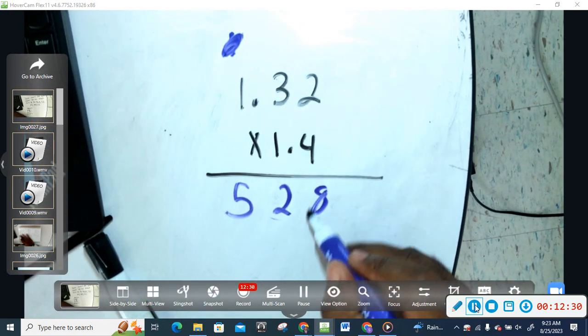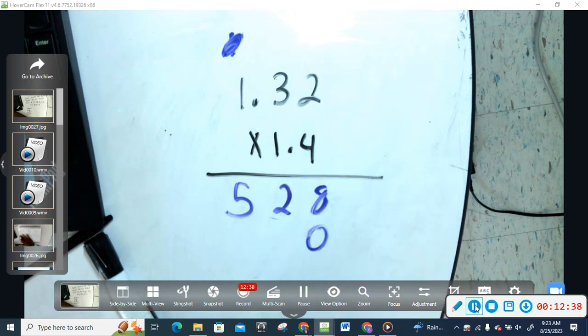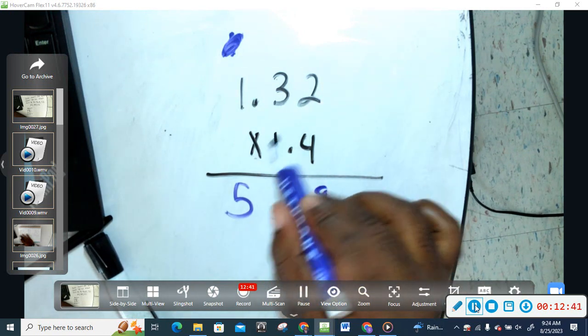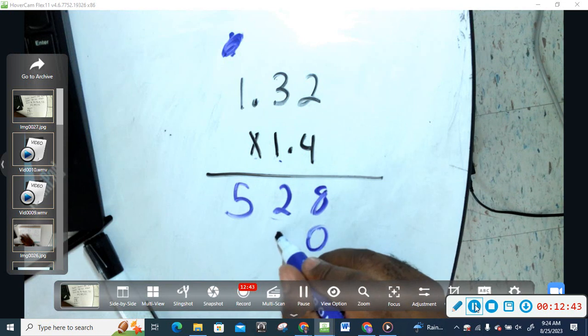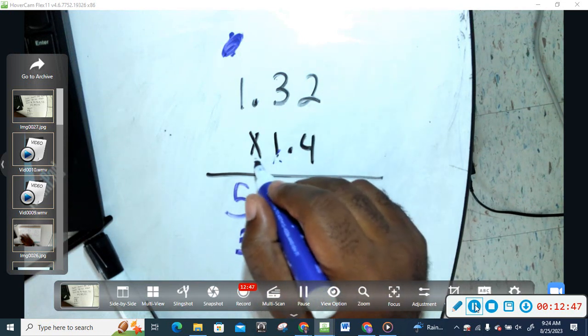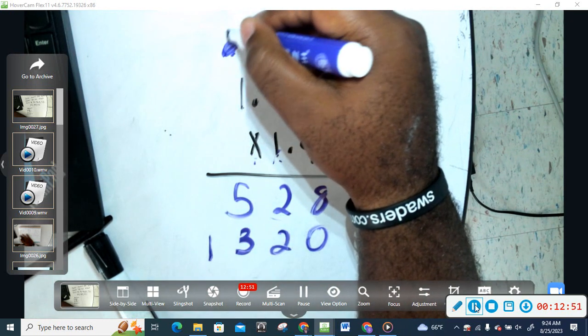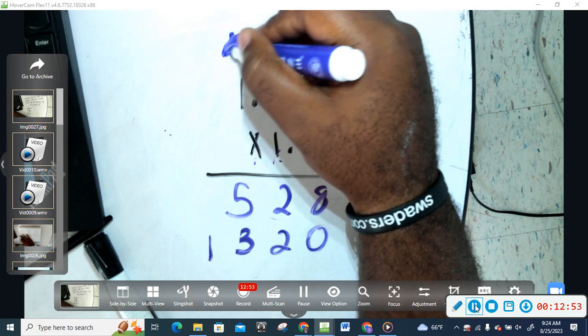All right. So now we got one. My bad. Placeholder goes here. Can't forget that. And then we start our problem for the bottom. 1 times 2 is 2. 1 times 3 is 3. 1 times 1 is 1. Remember, this is from the first time through, so this doesn't count.